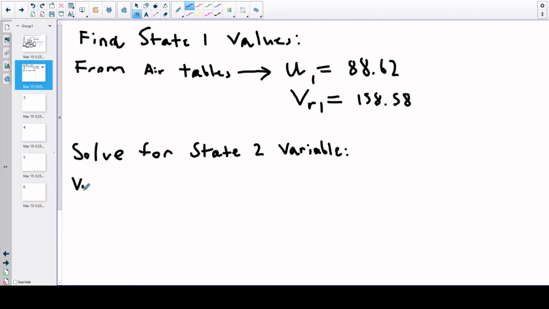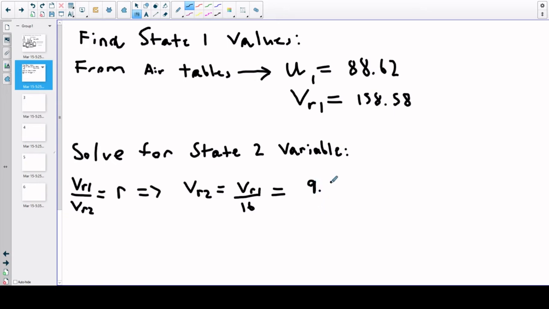Did I get it right? Oh yeah, it's VR1 over VR2. It always confuses me. I just know that the volume has to drop here. So VR1 over VR2 is equal to R. It doesn't matter if you know the equation or not, because if your VR2 is bigger than VR1, you know you did something wrong.